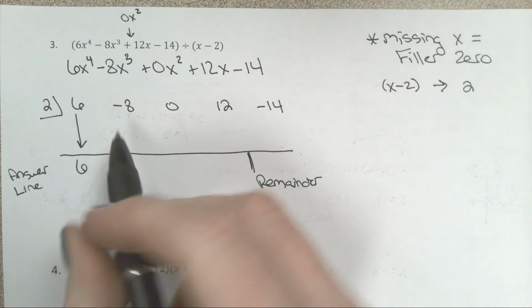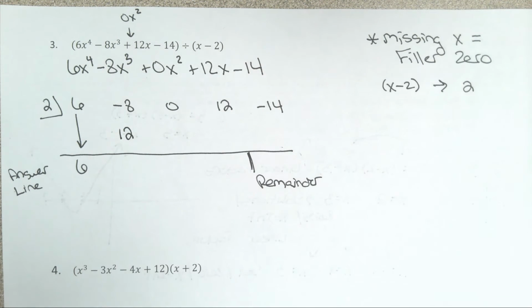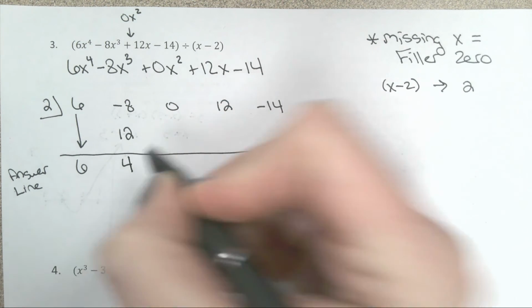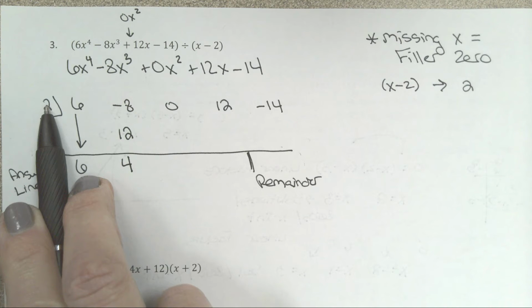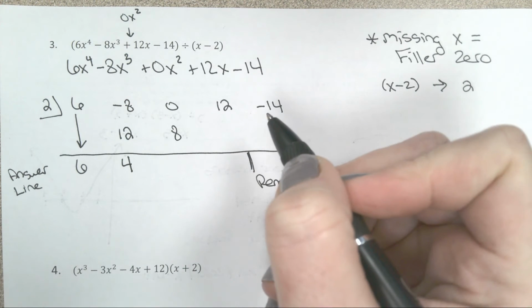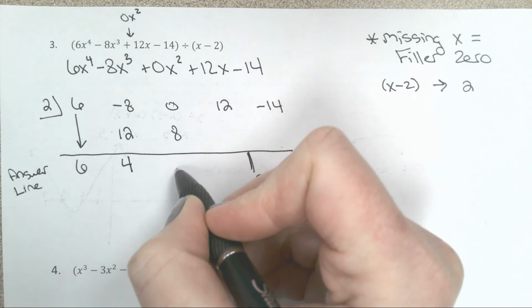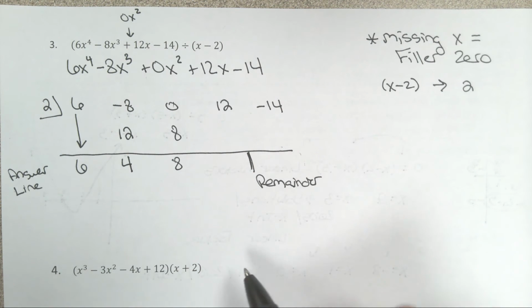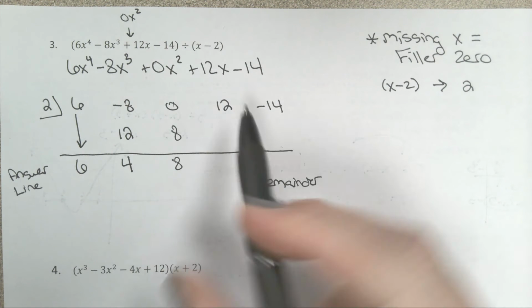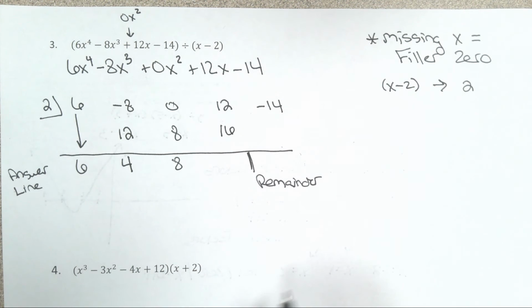2 times 6 is 12. Add down. Negative 8 plus 12 is 4. Multiply. 2 times 4 is 8. Add down. 0 plus 8 is 8. Multiply. 2 times 8 is 16.